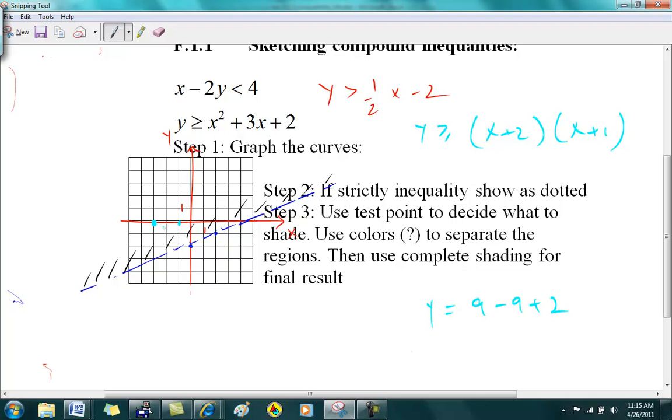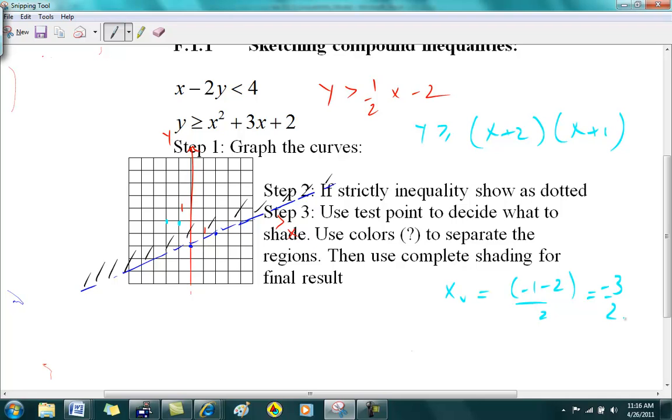Oh, did I do this? Okay, I guess I didn't do this one right. Let's go fix that. The intercepts are -1 and -2, so it's right there. My vertex should be at -3/2. The x vertex is going to be the average of -1 and -2, which is -3/2.